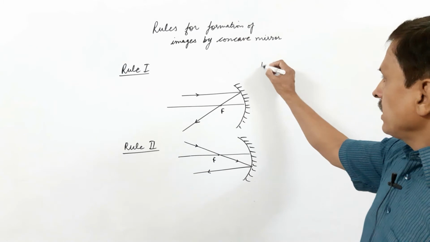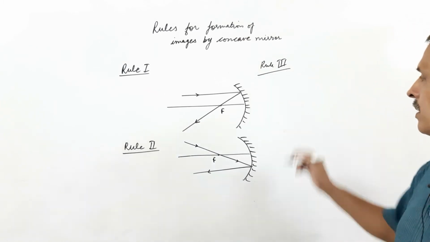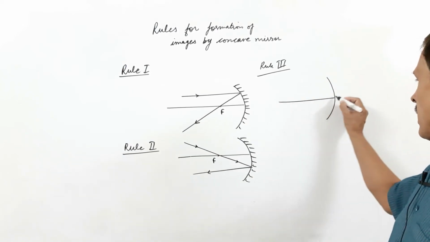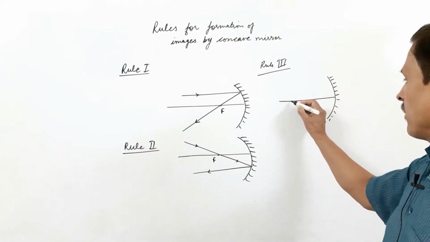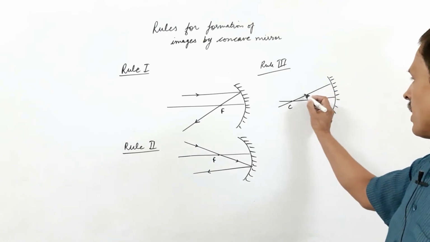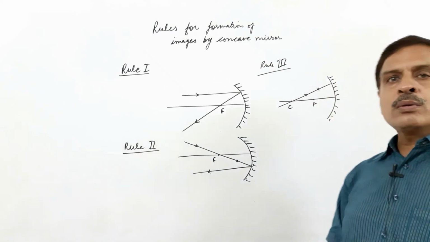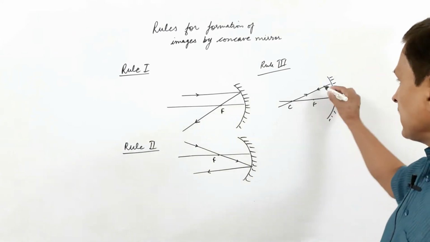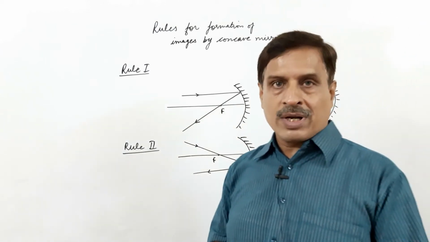Then rule third: a ray passing through the center of curvature, after reflection, returns back along the same line. This is because this ray is incident normally and reflected back normally.